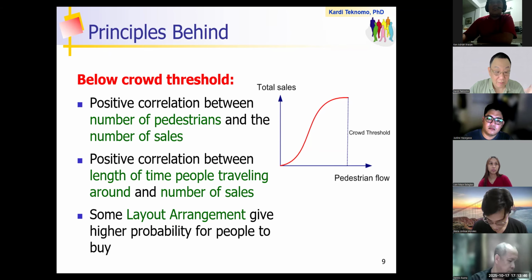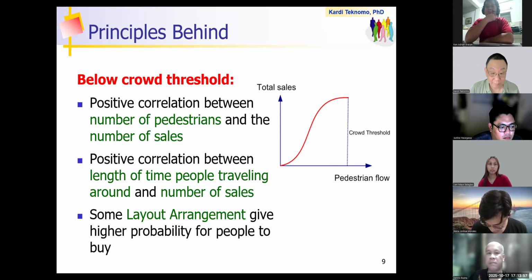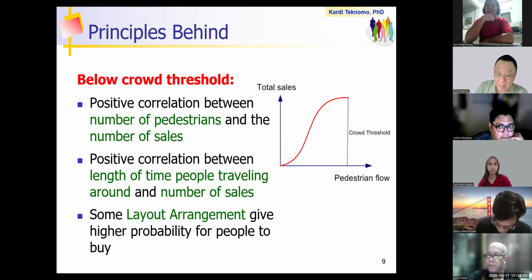So what's the implication of that? It means if you can arrange your goods in the retail layout, it will give people a better chance to look and eventually buy. In other words, if the customer can be guided to look around a little bit longer, there is a higher chance that they will buy more.